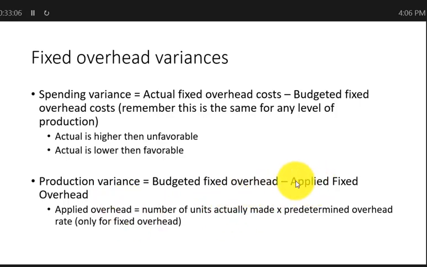So this is sometimes referred to as the production or volume variance. It happens only because we made more units during the accounting period than we planned in our static budget. So this is really not because of any performance other than sales and production as a whole.